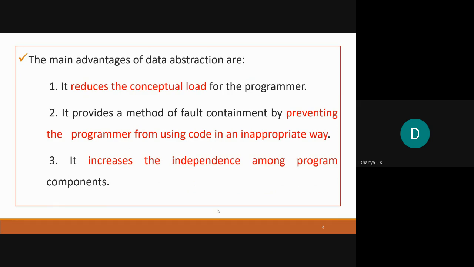After checking the errors, we can combine all the program fragments together for a particular software. Each program fragment will work independently. That will reduce the errors, and that will increase the efficiency also.